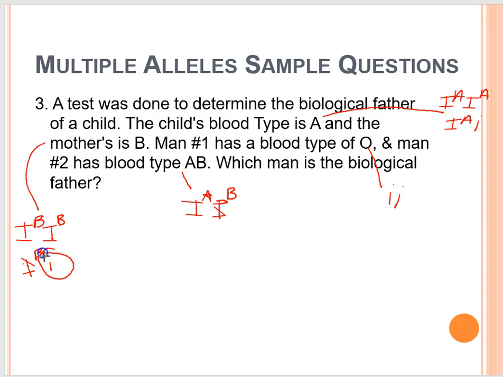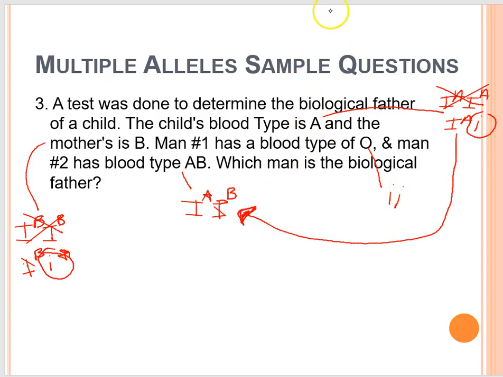Little i. Could she give him this one? No, because the child is A. So this is what mom gave. And A is what the dad gave, which means this is the child's blood type. Which is the dad? Man number 2, because he gave that A to the child.